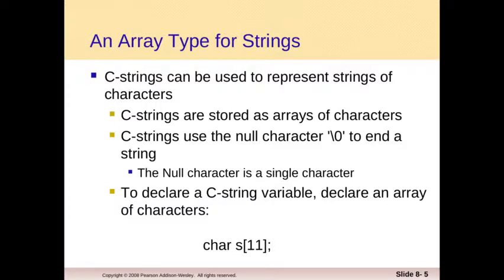But not every array of characters is a C string. Then what is the difference, you might ask? If we're using arrays of characters for the C strings, but not every character array is a C string, then what makes a character array a C string?